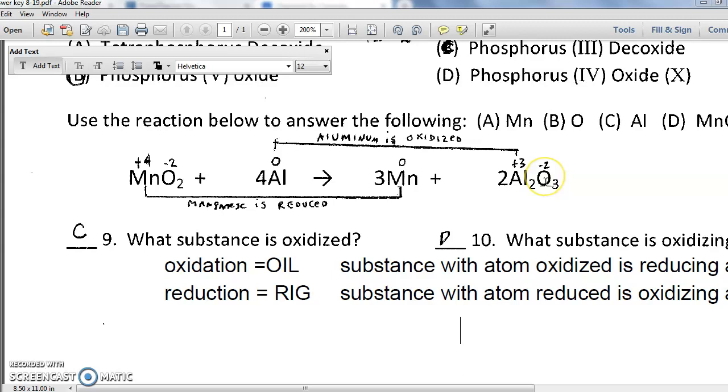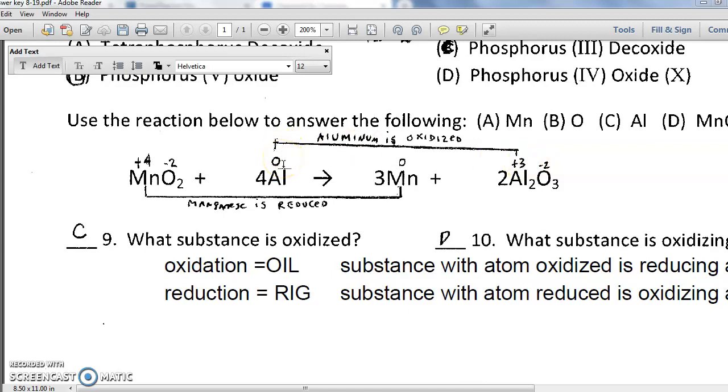The oxygens are with the aluminum. So oxygen's electronegativity is 3.5. It gets its -2. -2 times 3 is -6. That means the aluminums must add up to +6 because Al2O3 overall is neutral. So the aluminums must add up to +6. We have 2 aluminums. That means each aluminum is +3.